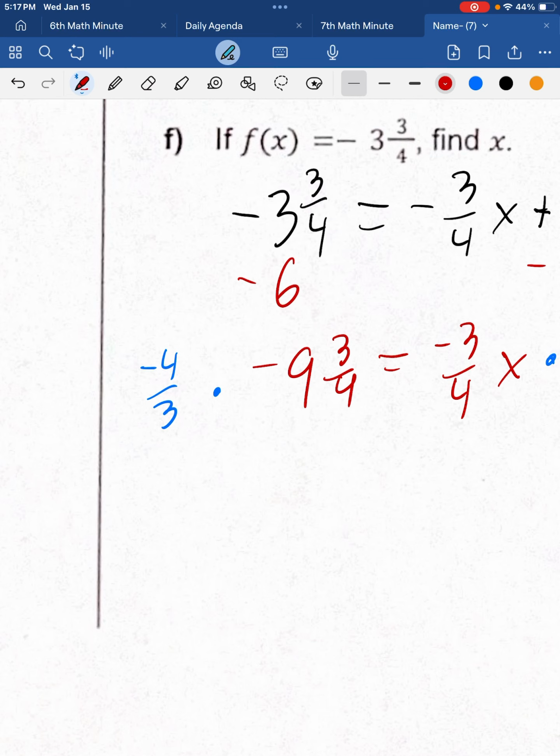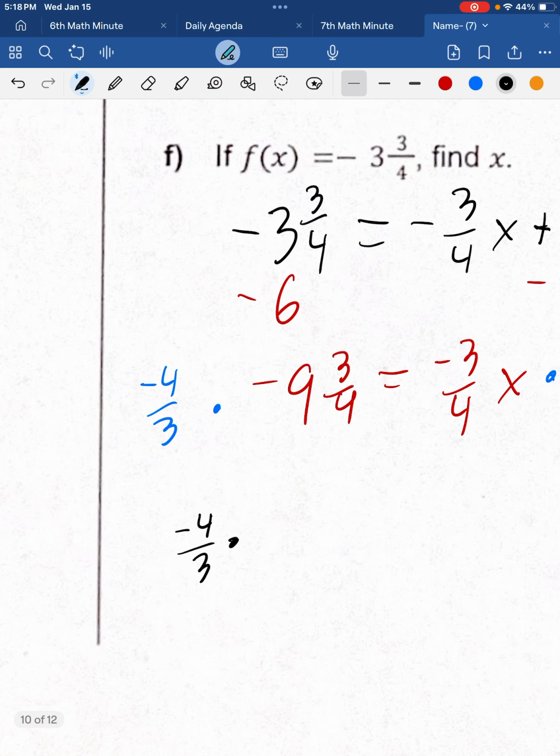So I end up with -4/3 times, that looks like -39 over 4. We can cross reduce again. 3 goes into 3 one time. 3 goes into 39 13 times. 4 goes into 4 one time. 4 goes into -4 1 time.